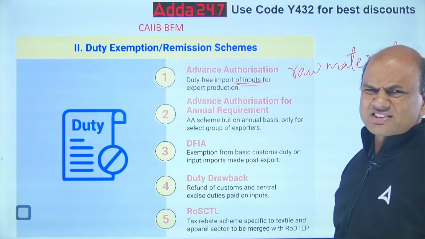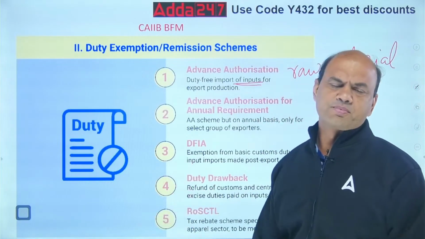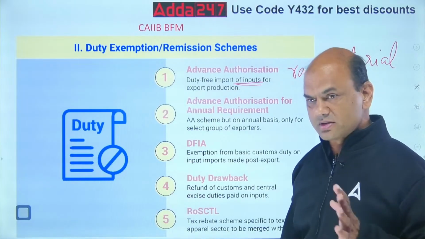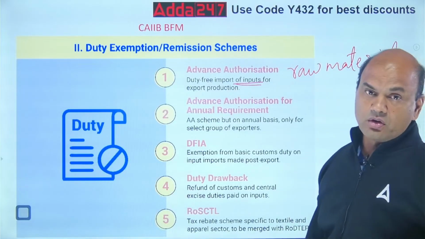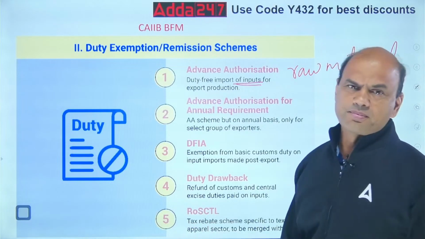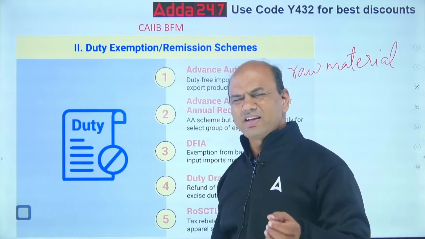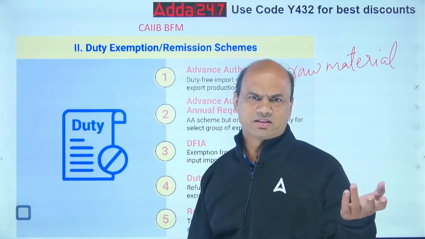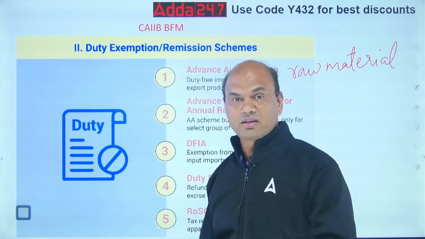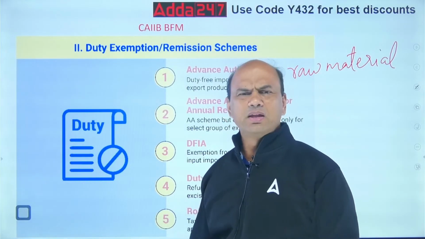Now you will say, what is this, sir? We don't understand anything, we are bankers. Take mobile phone production, make in India. Many mobiles, Apple and everything, are produced in India. We get the components of these mobiles, some batteries, from various countries. It can be China, Taiwan, Germany, many countries.